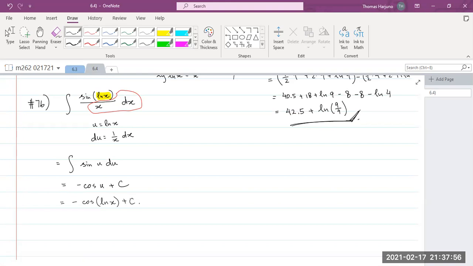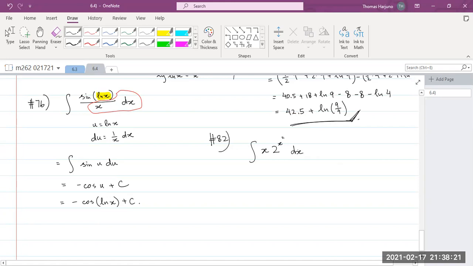I think number 82 is good. Should we try number 82? Number 82, the uglier, the better. Okay, integral of x times 2 to the x squared dx. I think I do substitution first.